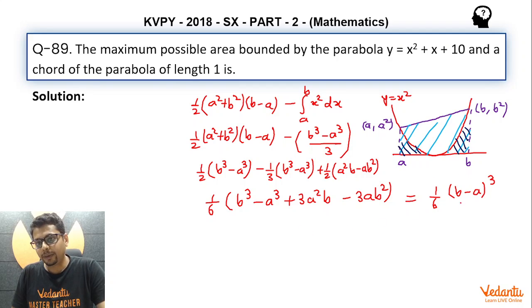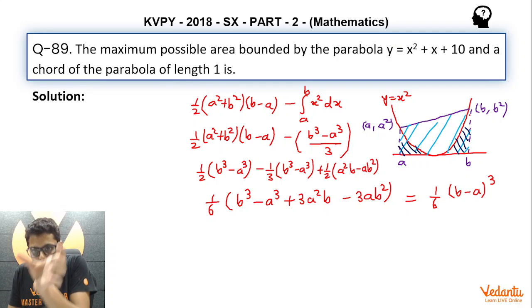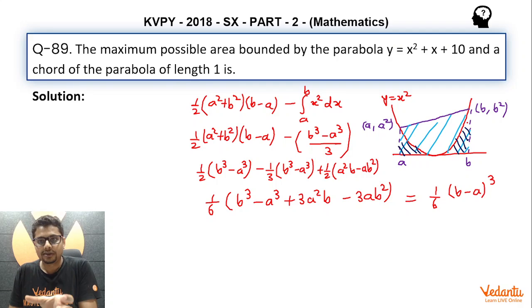Now for this to be maximum, b minus a should be maximum. Anyway, b we have taken as greater than a. And what is b minus a? If you see carefully, b minus a is the length of the projection of this chord on the x-axis, and the length of the chord is 1. So what can be the maximum possible value of b minus a? 1.